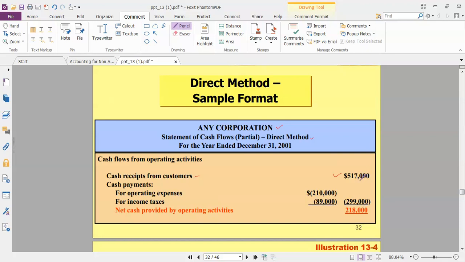So that 517 minus this 299, you will get the net cash provided by operating activities is 218,000. Is that clear? The direct method format. Okay.